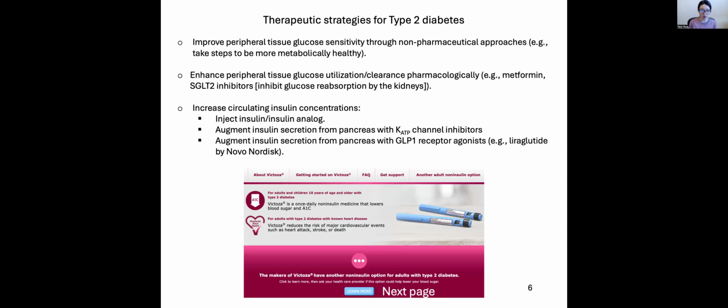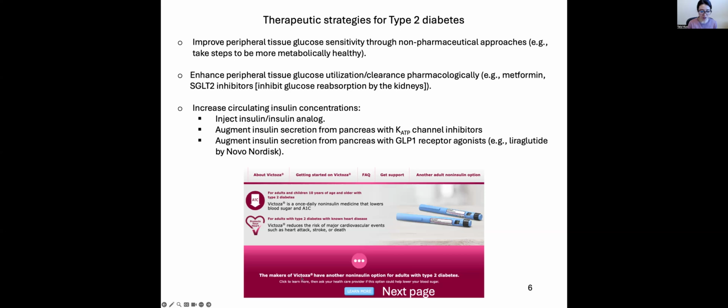If we go on to the website of Novo Nordisk and type in liraglutide, its brand name is Victoza, we'll find this message.